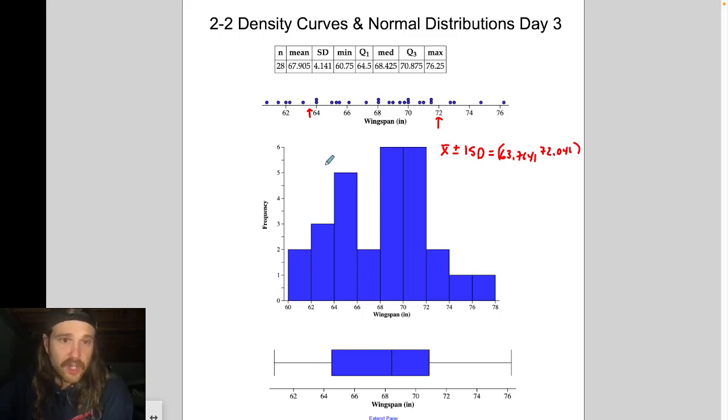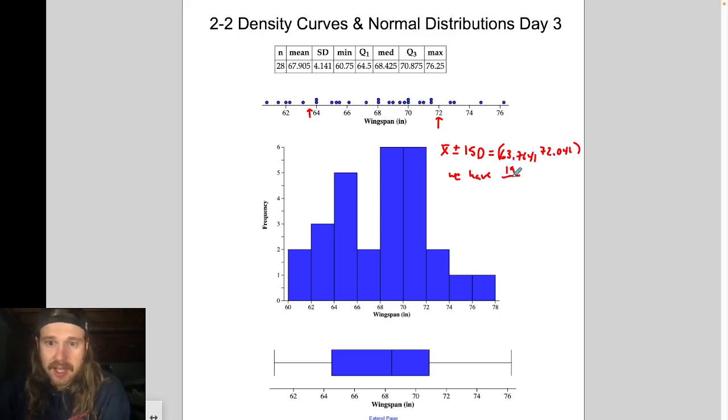And if we look, we have a total of 28 observations. Within the interval, we have 1, 2, 3, 4, 5, 6, 7, 8, 9, 10, 11, 12, 13... oh, 1, 2, 3, up to 19.